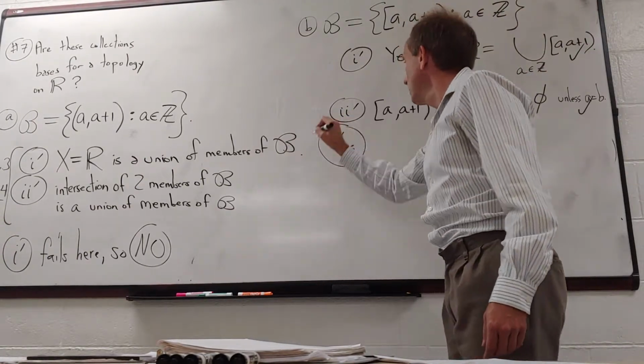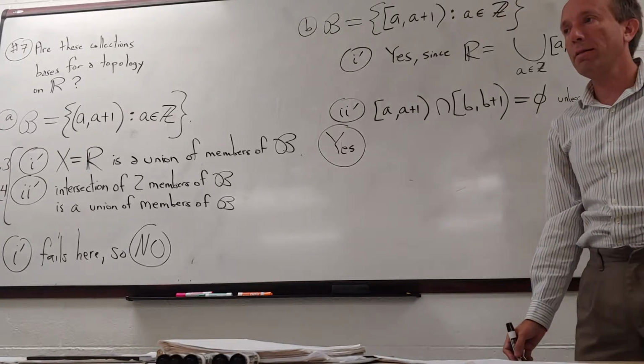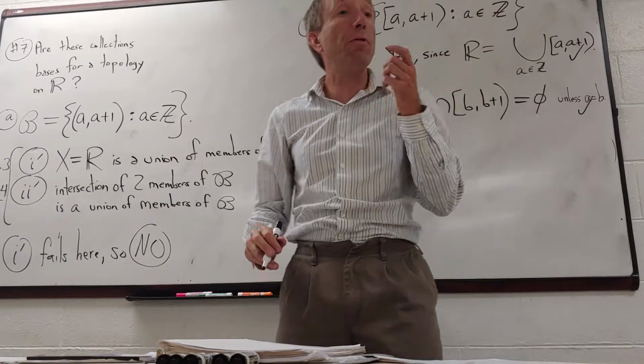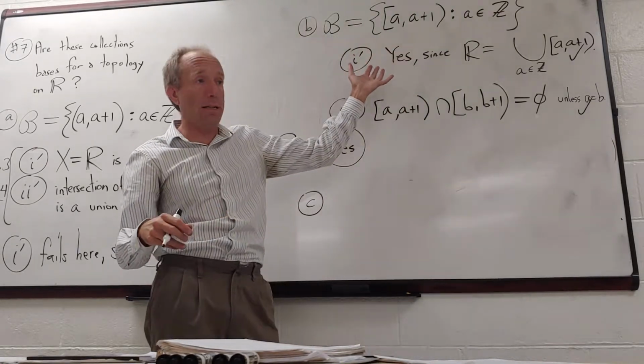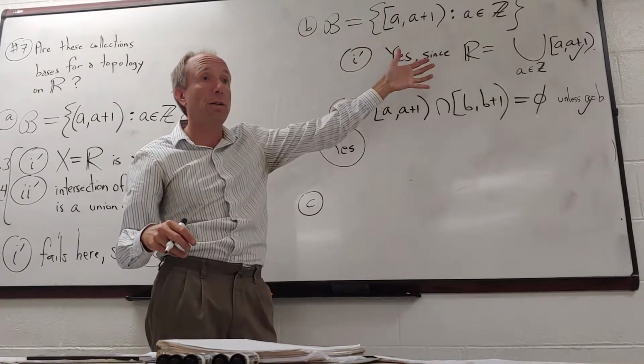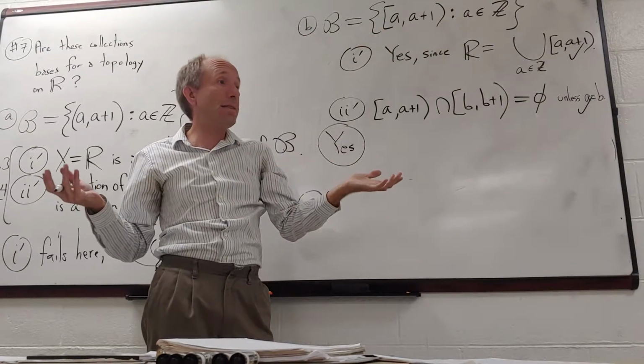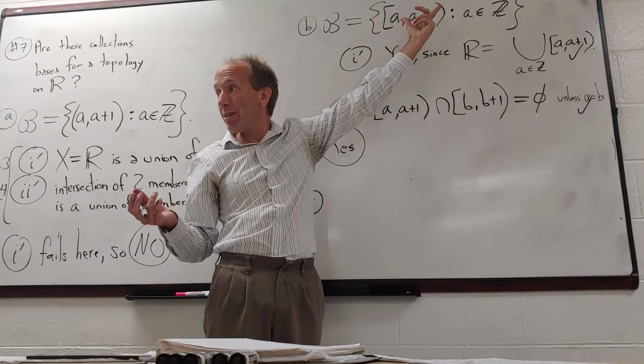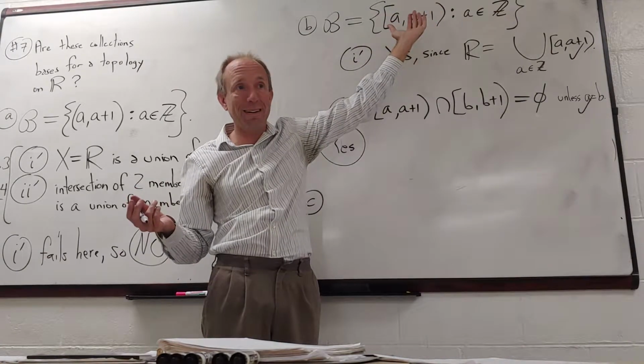Okay, I'll give you one more, and be careful now. Guys, if this was my topology, now your open sets are looking like this. You have to be very careful because this is not your intuition working at this point.